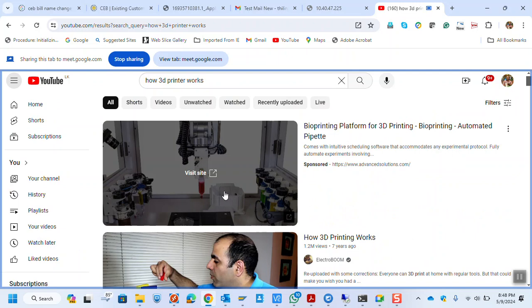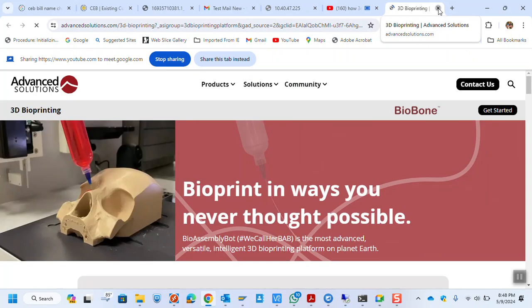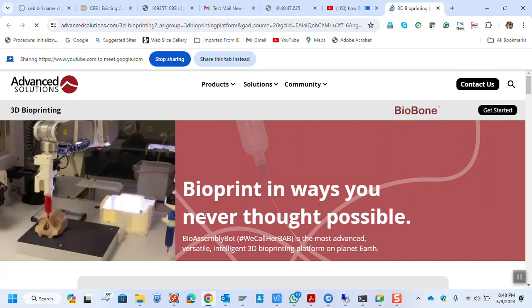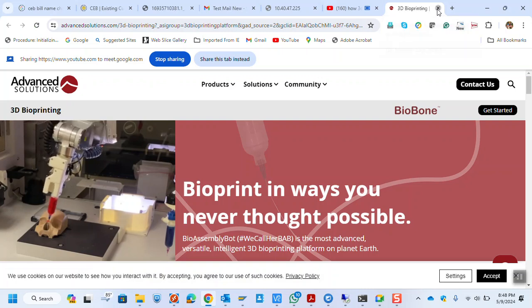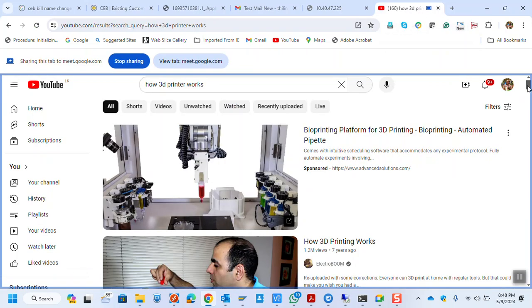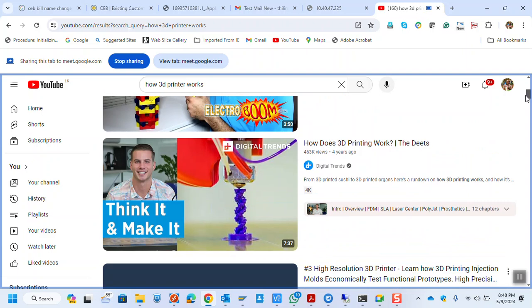So these are 3D printers, right? So you can print these kinds of things. See? Those are very advanced type printers, 3D printers, right?